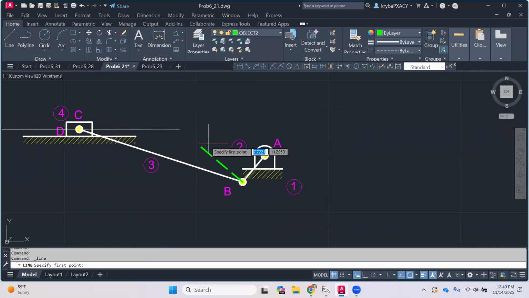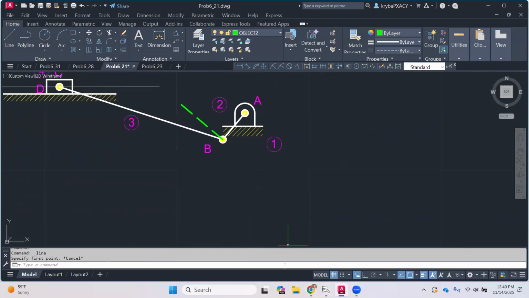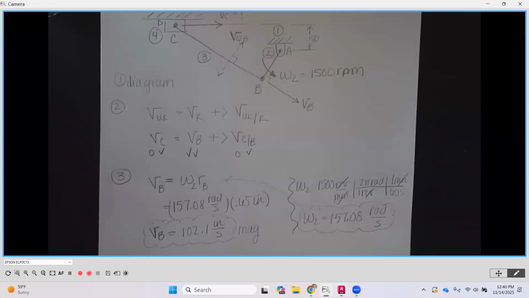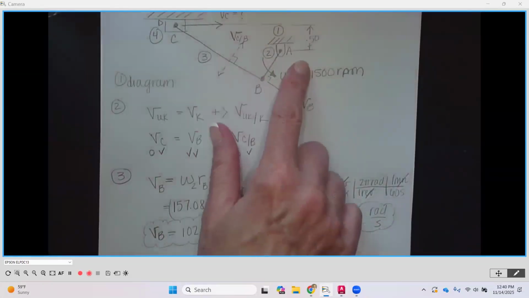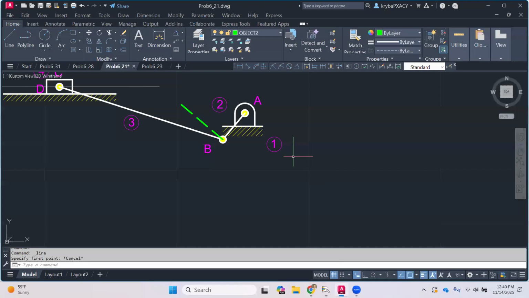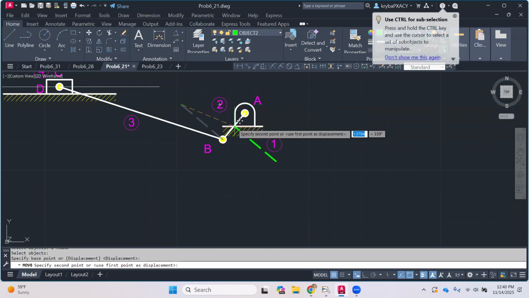Now I know that this is pointing, let me see here. Oh, I should have put it on the other side. I didn't think about it. It doesn't really matter. This is going to be pointing down and to the right because this is going in a counterclockwise direction. So let me change that. All I'm going to do is move that vector to be down and to the right.